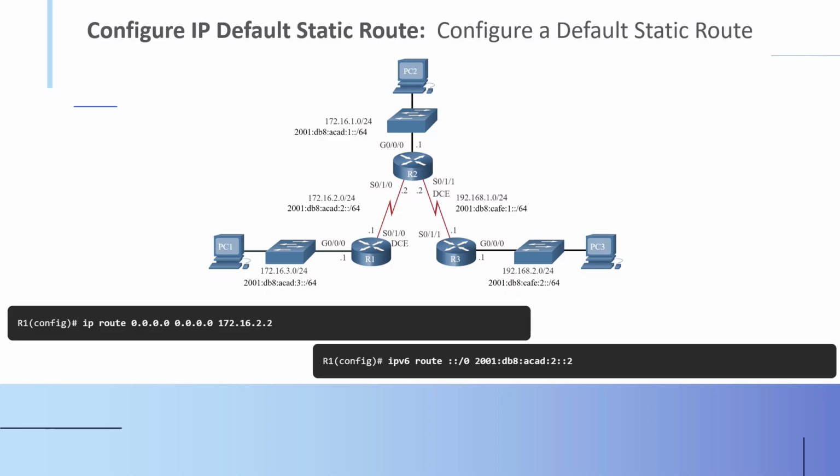And as always, after every configuration, the next step is to verify the configurations that are done in the network. In this case, we have to verify the default static route configured on router 1.